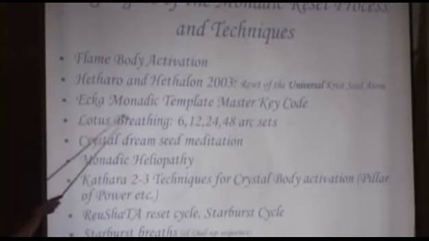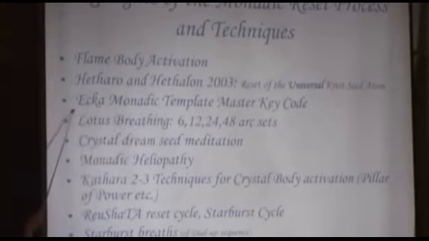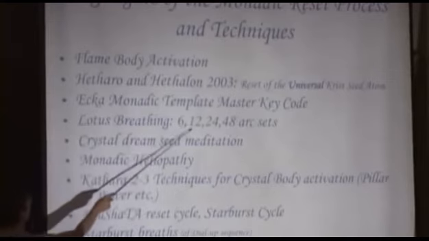The Eka monadic template master key code is what helps us begin to reconnect into the time cycles of the Eka. And then with the lotus breathing techniques, we're connecting into all the different levels of that crystal body: the particle universe, the Veka, the Eka, the parallel Eka.